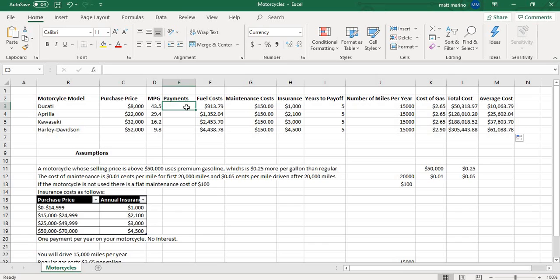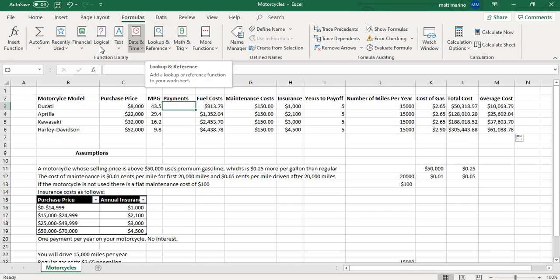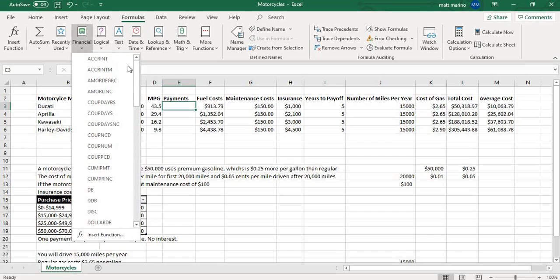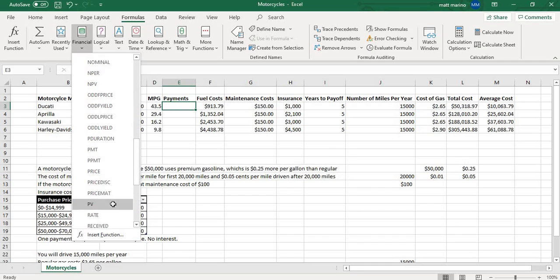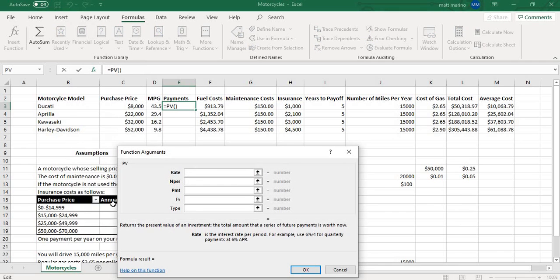We then need to determine what our payments are going to be for each of these 5 years. So we use a financial function some of you may have heard of called present value. This formula requires 3 specific function arguments for us. A rate, which is the interest rate, NPER, which is our number of payments, and the payment itself.